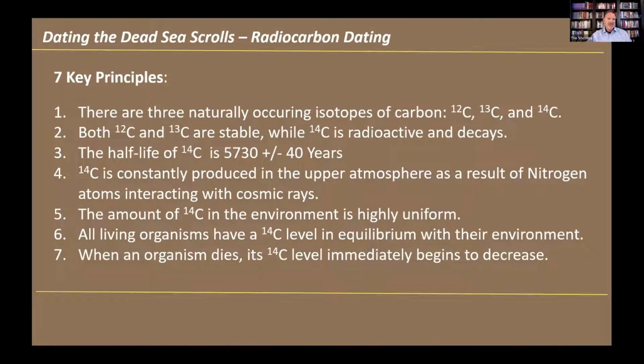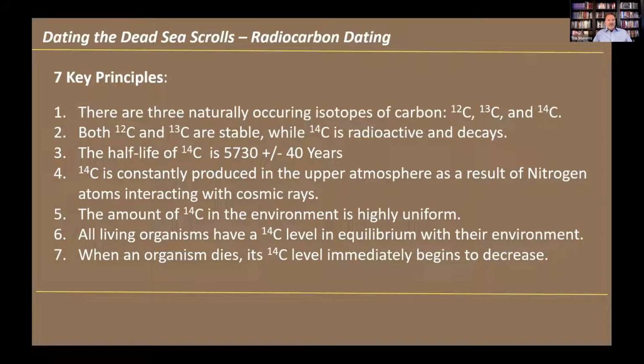Carbon-14 is constantly produced in the upper atmosphere as a result of nitrogen atoms interacting with cosmic rays. And because it's up in the upper atmosphere where these mechanisms initiate and begin, and the whole planet is covered with an atmosphere, the amount of carbon-14 in the environment is highly uniform. All living organisms, including you and I, have a carbon-14 level that is in equilibrium with their environment.